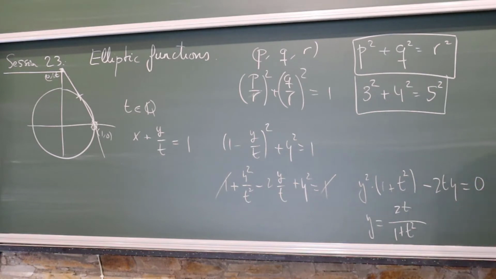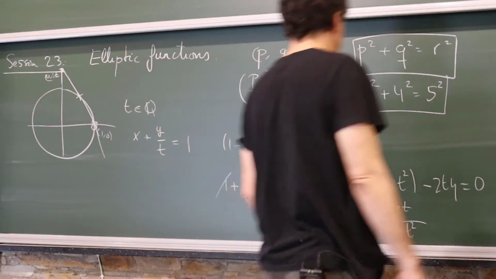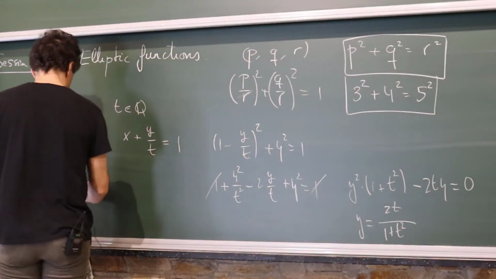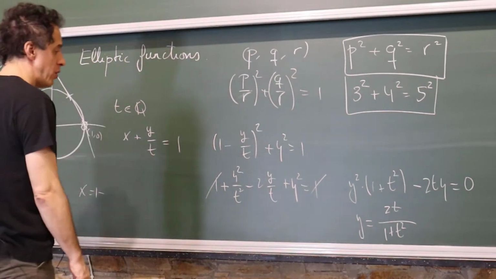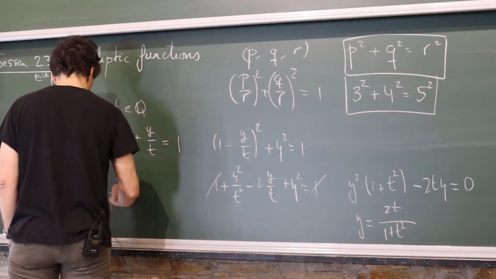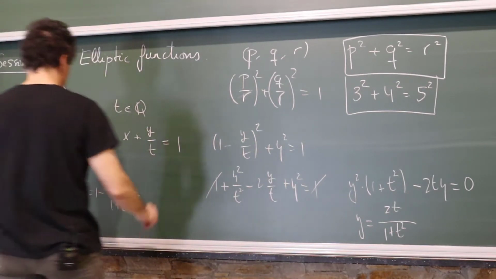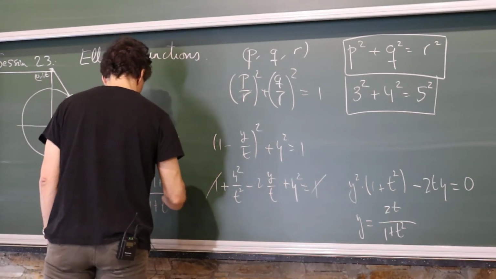which is rational. Okay, and if we know such y, we know that x is 1 minus y over t, 1 minus 2, 1 plus t squared, so it would be 1 plus t squared minus 2 over 1 plus t squared.